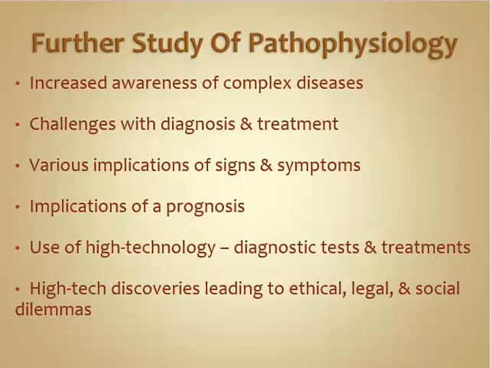So diagnostic tests and treatments have become more and more sophisticated all the time. But it leads to different dilemmas, ethical dilemmas, legal dilemmas, all kinds of things. For instance, we can now genetically manipulate pigs to produce human blood, human type O negative blood.